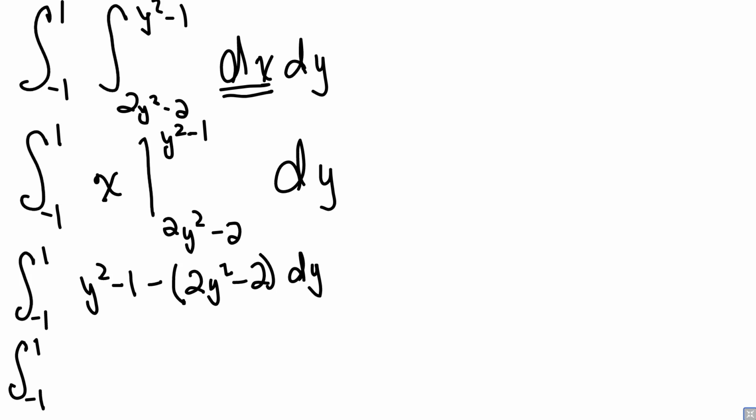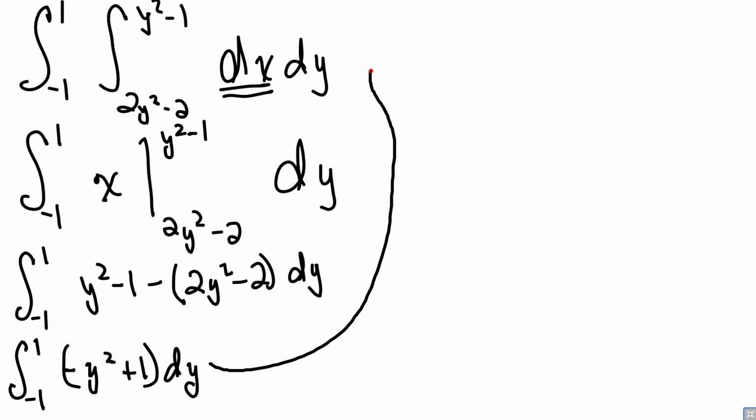Okay, so integral from -1 to 1. So if I simplify this, what will I get? Y squared plus 1. Careful, like negative y squared plus 1. Yes. And then dy. So now I'm ready to integrate this. So if I integrate this, what will I get?